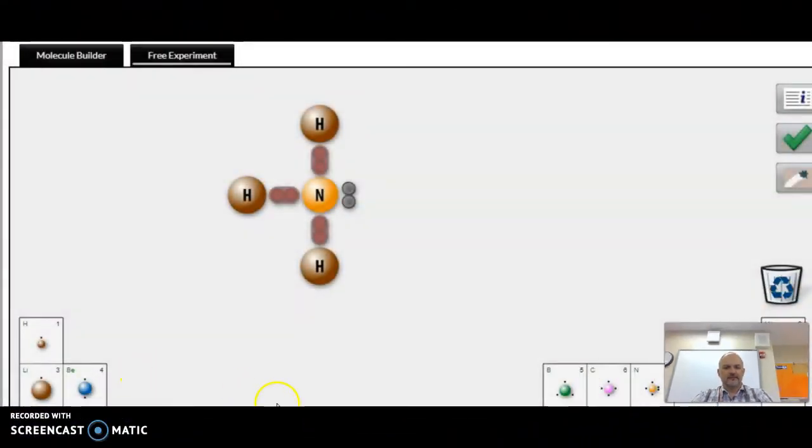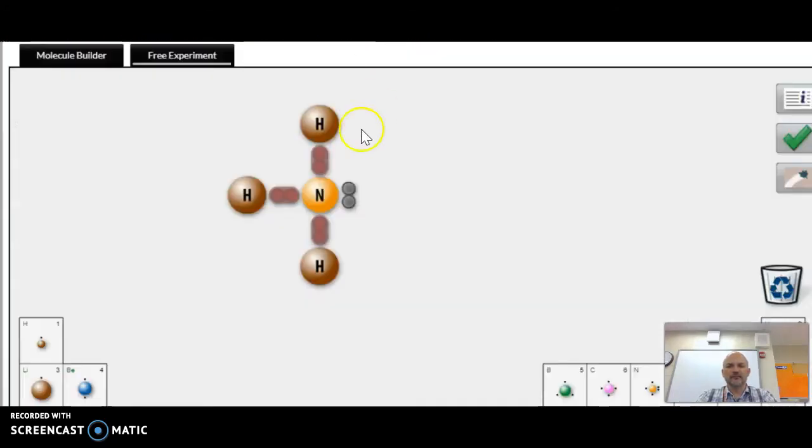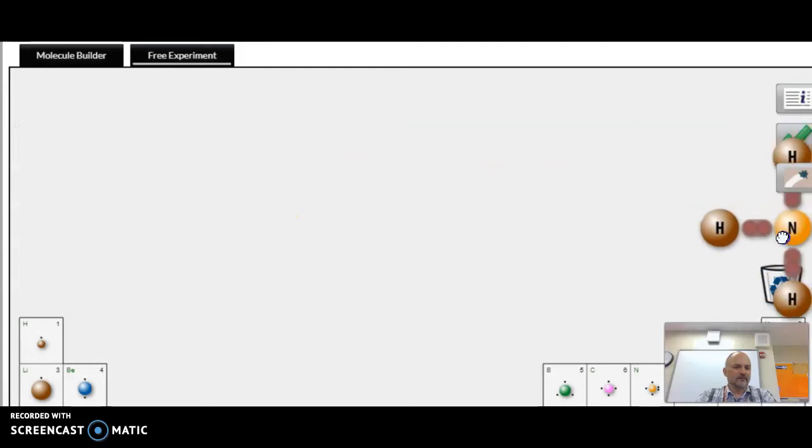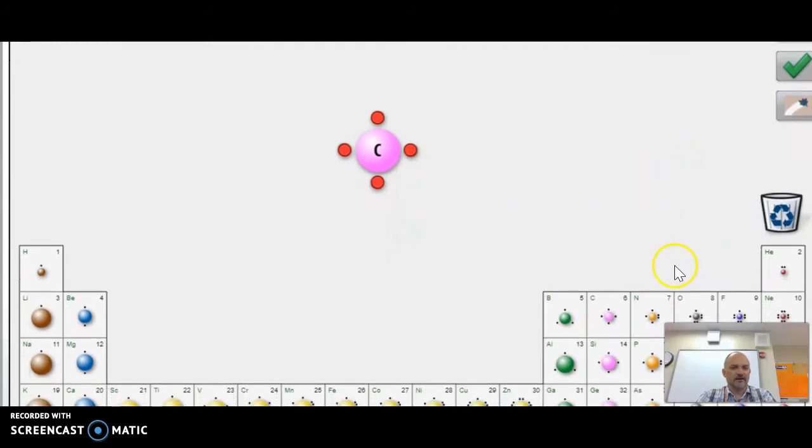Now, the next formula is CO2. So I'll go back to my molecule maker. I'll get rid of this one. And for CO2, I need 1 carbon, C, and I need 2 oxygens.